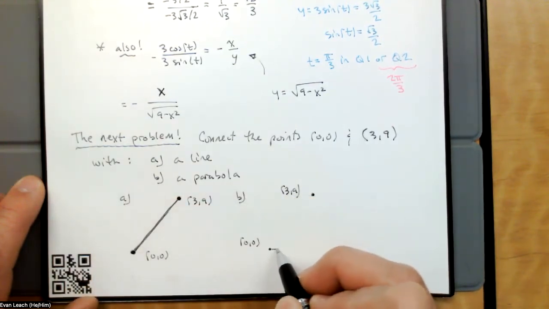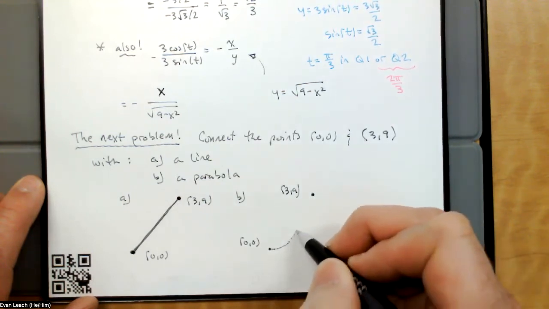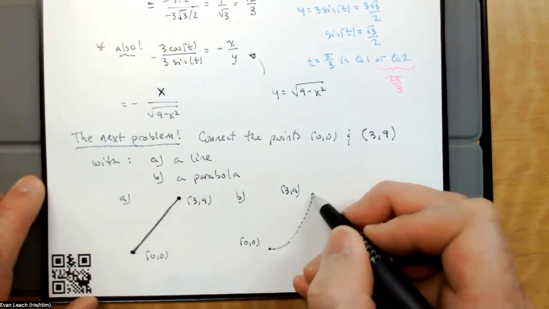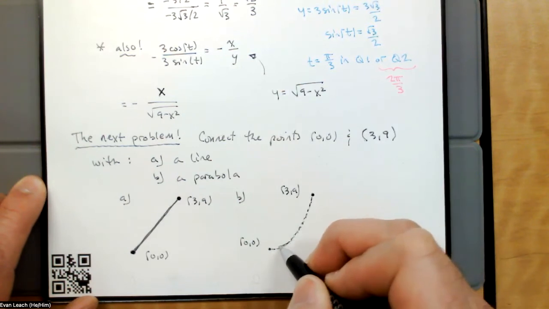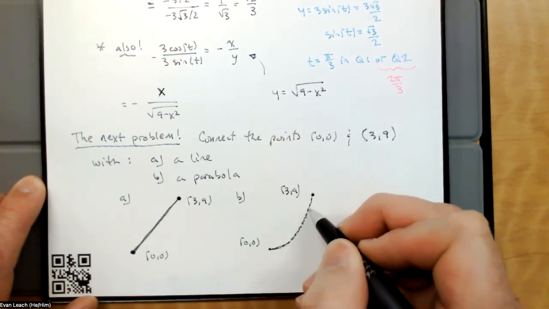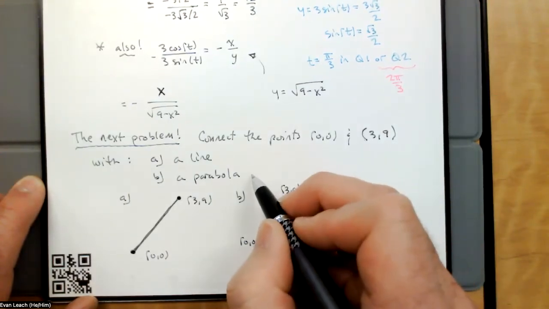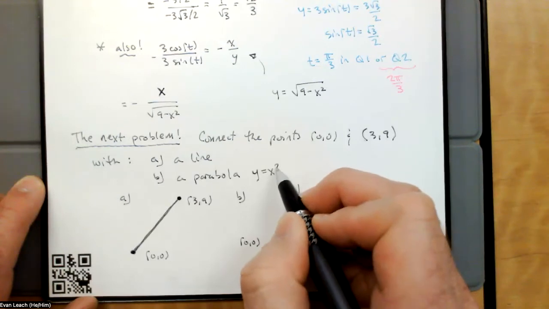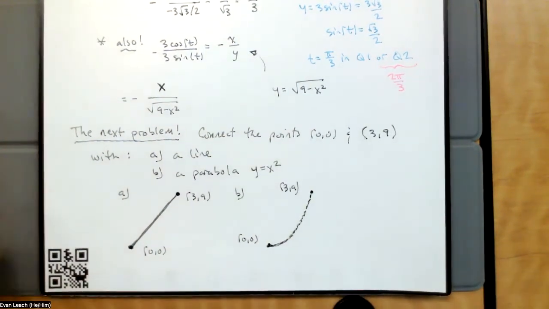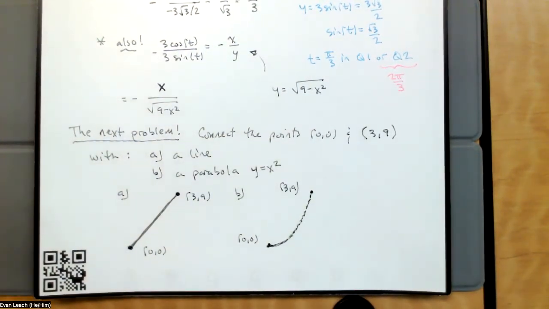The second one with a parabola. Actually, I want to specify this parabola, that way I'll give you 3 pieces of information.